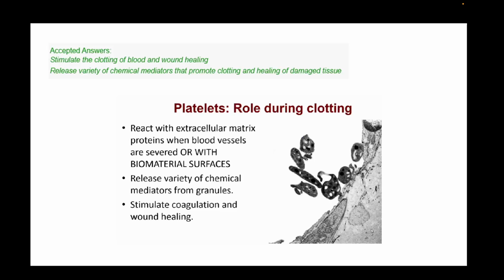healing. So platelets adhere to the damaged blood vessel sites, aggregate and release chemical mediators to initiate and promote clot formation and tissue repair. And they secrete several chemical mediators that promote clotting and healing of damaged tissues, like ADP, thromboxane A2, serotonin, and growth factors that amplify the clotting and support healing.